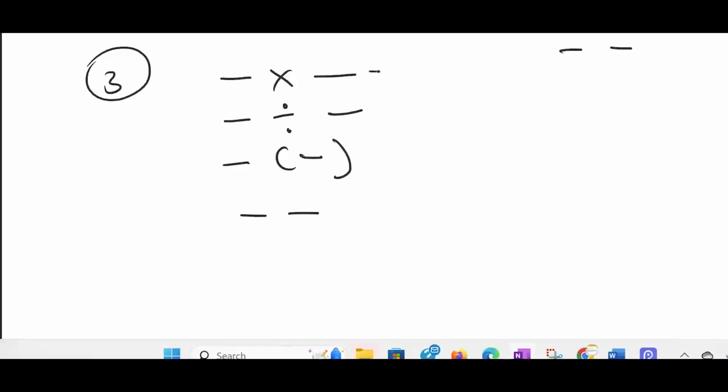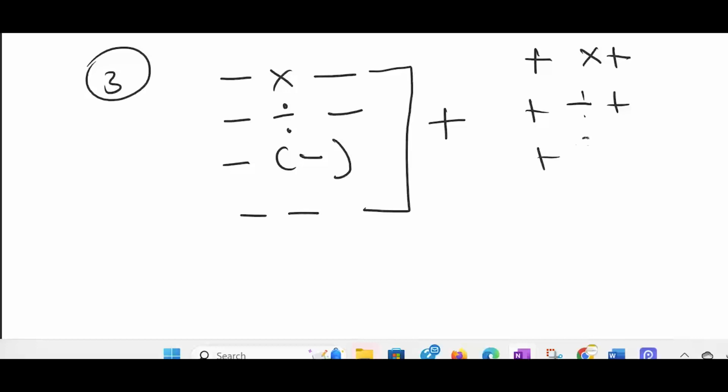So anytime you are combining similar signs, they combine together to become positive. Irrespective of what you are using to combine them, once they are similar signs, they combine together to become positive. You can have it like this as well: plus times plus, plus divided by plus, plus into plus, and plus plus.